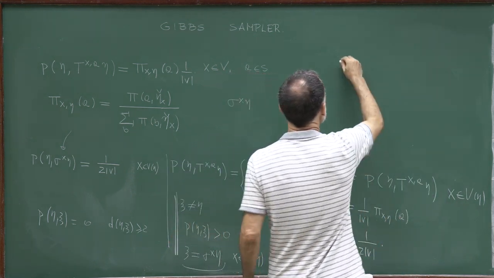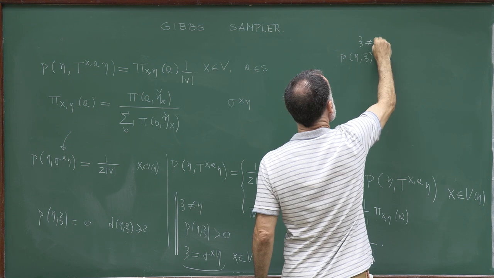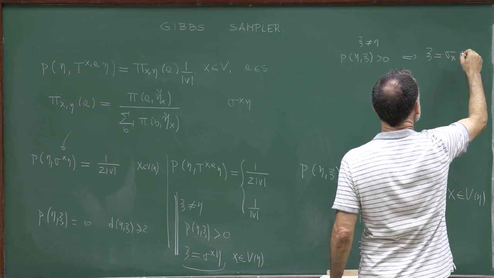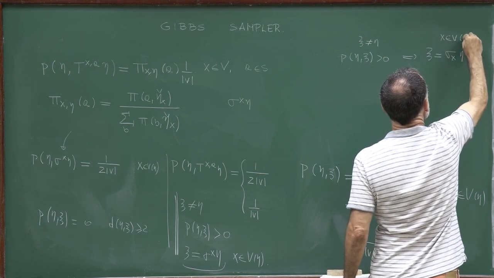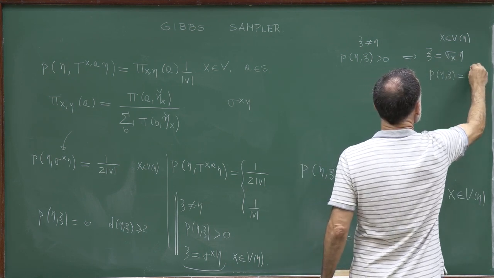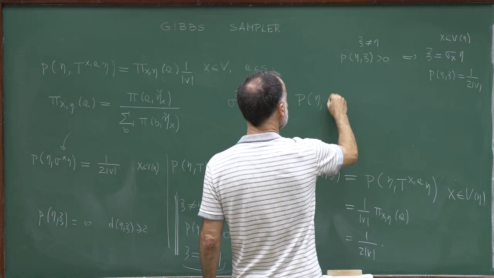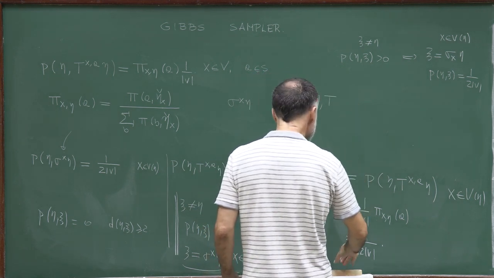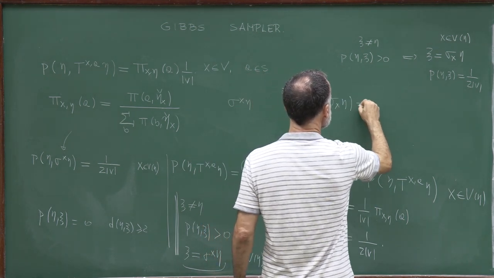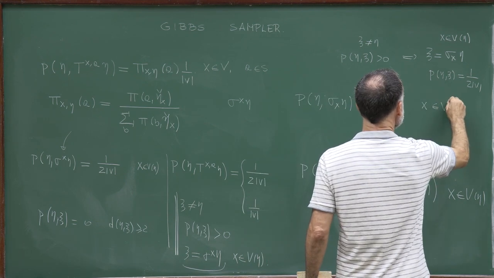So we just proved that in the case of the hard-core model, if the probability of eta to psi is positive, psi different from eta, then psi is equal to sigma_x of eta for x in V of eta, and the probability of eta to psi is equal to 1 over 2V. Therefore, I'm allowed to write that p(eta, sigma_x eta) is equal to 1 over 2V for x in V of eta.